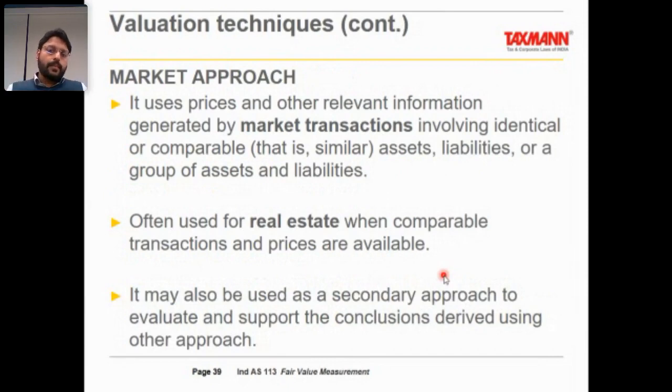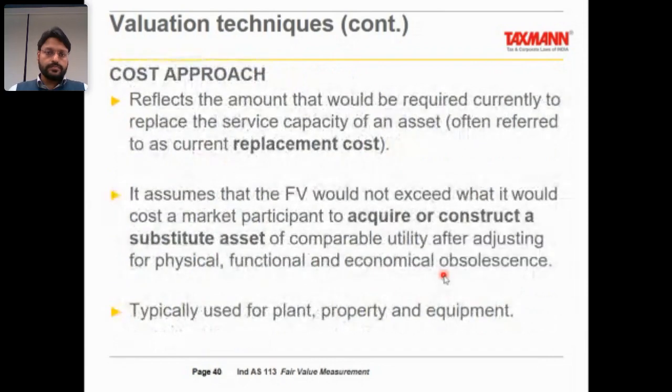If there is a big gap between the fair value determined under the DCF approach and the fair value under the market approach, then I definitely need to see if I have done something wrong in the DCF approach, or whether market participants have some extra knowledge about the product which I do not have. So different approaches can give a different fair value, and I can corroborate them with each other.